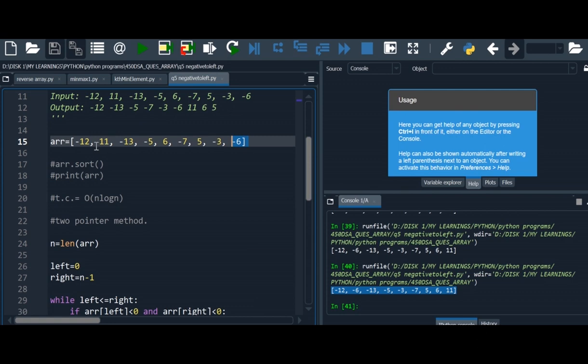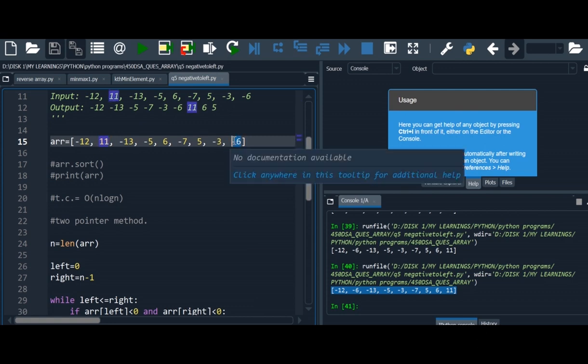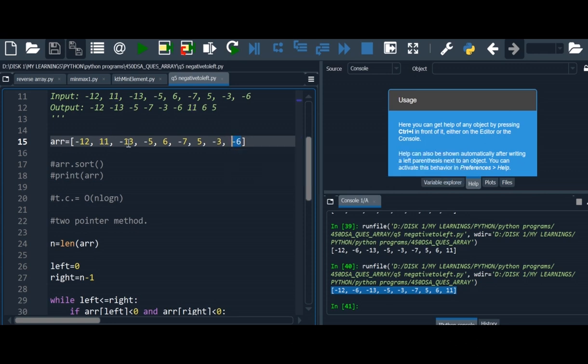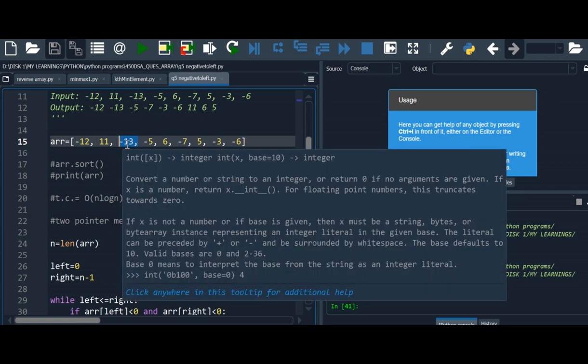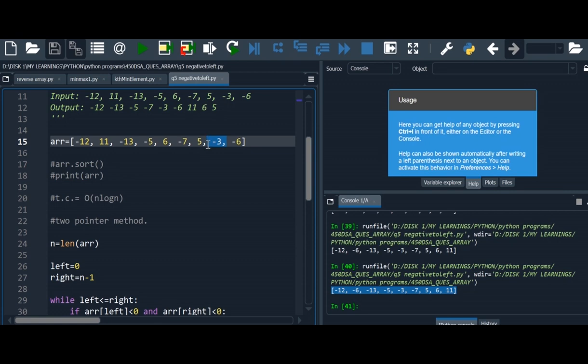After swapping, we get minus 6 at this position and 11 at this position, which means these two positions are now safe. Then we increase the left index by 1, coming to minus 13, and decrement the right index by 1, coming to minus 3.